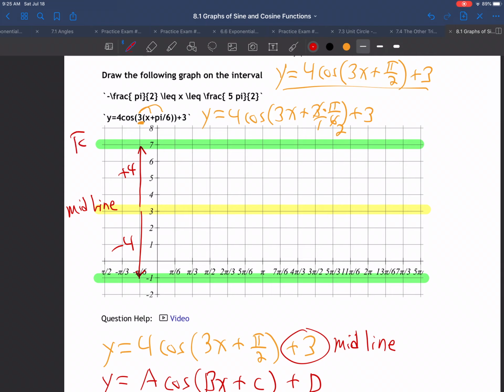So here's the top of the graph, and here is the bottom of our graph. All right. In fact, why don't I get rid of some of that? There we go. All right. So now from there, well, there was no need to do that, I guess. It's the midline. Okay, so we have the middle, we have the top and the bottom.